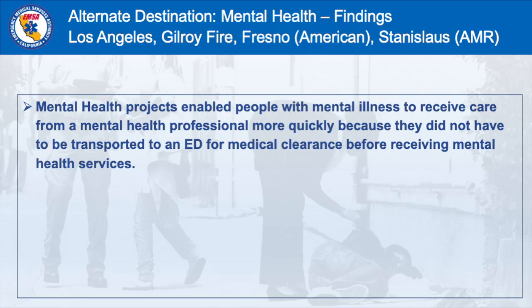And we did talk a little bit about the mental health projects, which enabled the patients with mental illnesses to seek care from a mental health professional more quickly than they would have if they had gone to an emergency department. Because when they were going to an emergency department, we used the term they sat along the wall. And they weren't actually being seen and cared for for a number of hours. And then ultimately they were being transported to a crisis center.